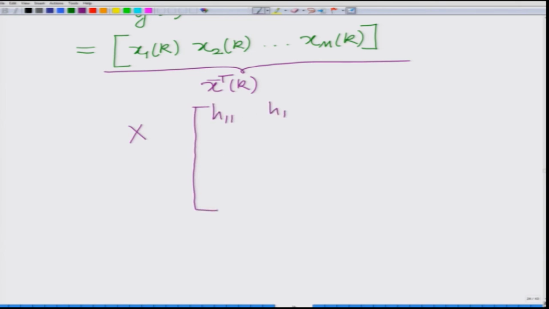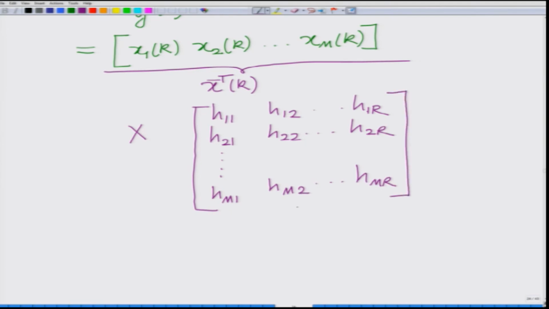h11, h12, so on up to h1R, h21, h22, so on up to h2R, hM1, hM2, so on up to hMR.